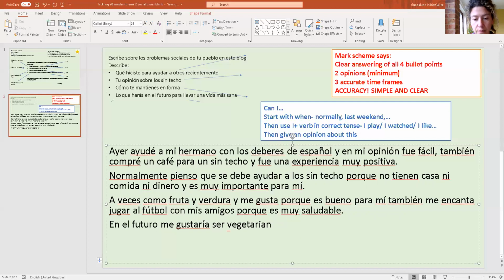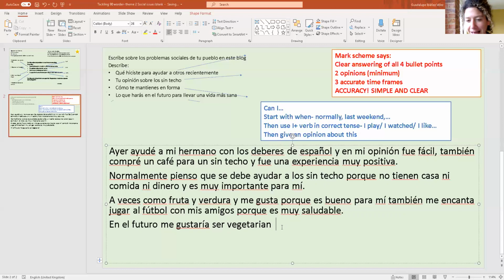Oops, perdón, vegetariano. Oh, keeps disappearing. Vegetariano. I don't know why it doesn't let me. Vegetariano. I'm going to keep writing it and then I'll get back.